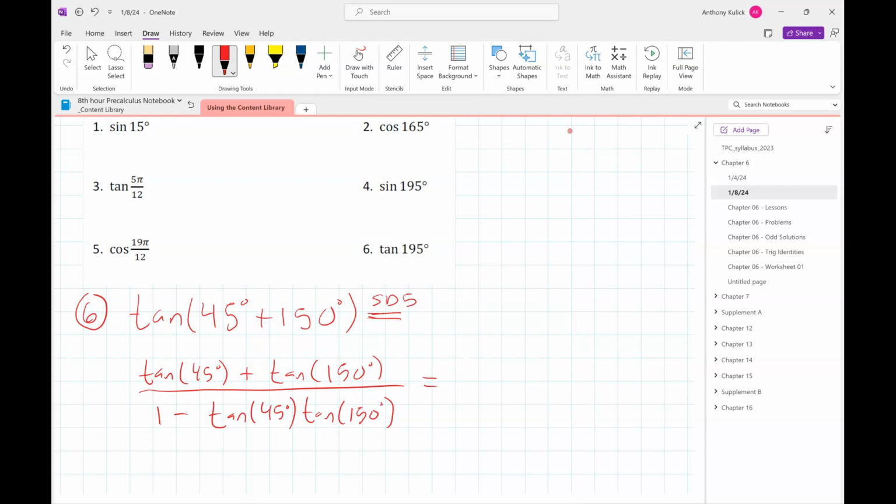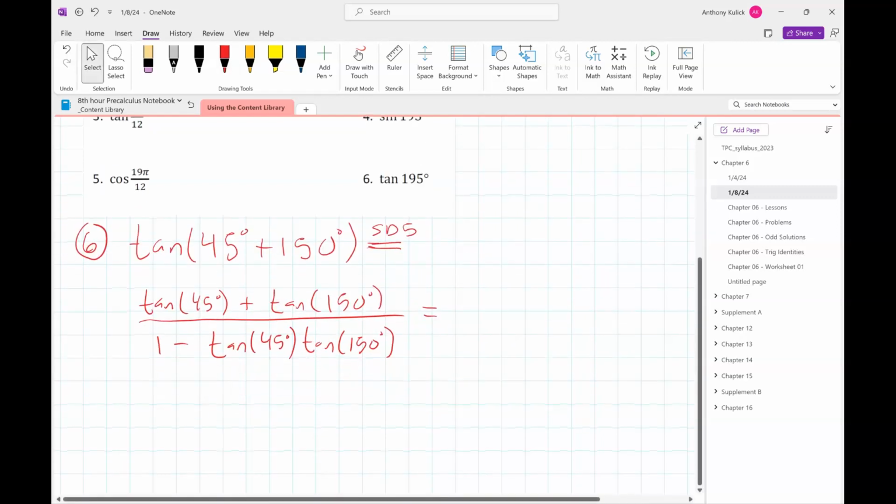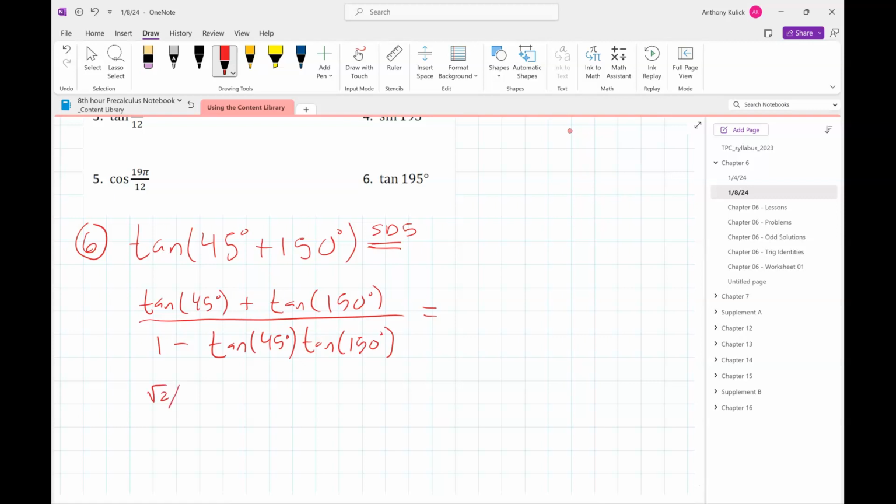So now I go to my unit circle and look up the values for tan 45 and tan 150. Remember, tangent on the unit circle is y over x. So at 45 degrees, y is root 2 over 2, and x is root 2 over 2.